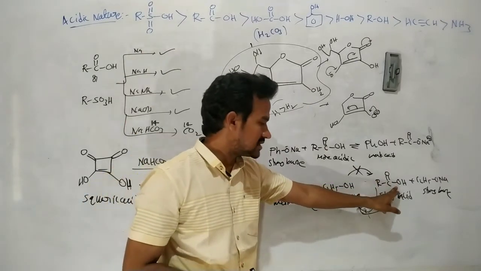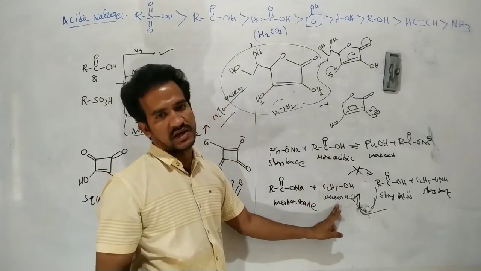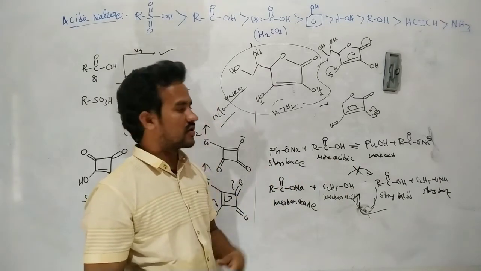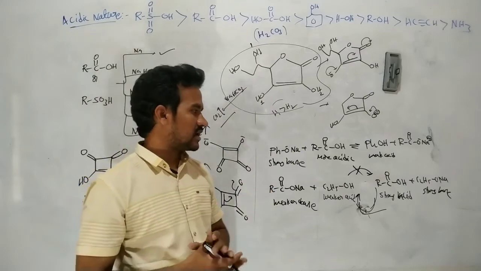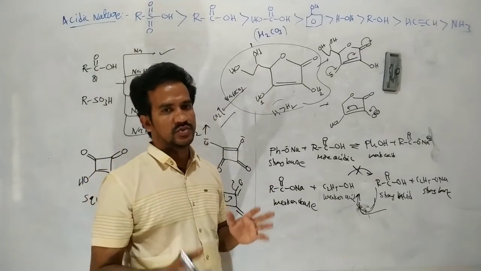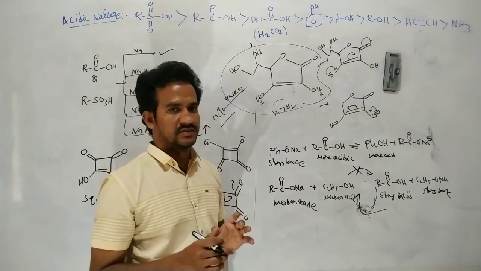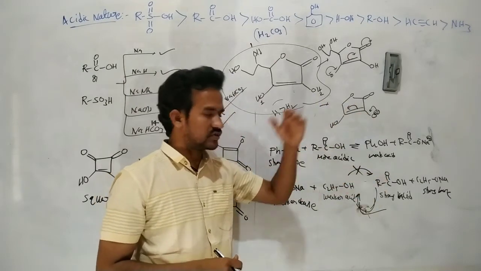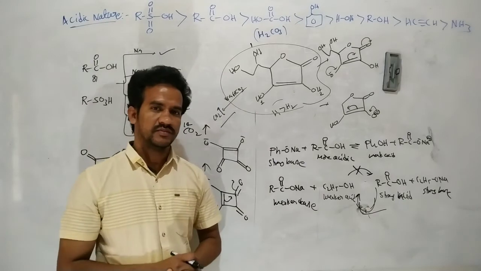Here the product side acid is a carboxylic acid, and on the reactant side the alcohol is a weaker acid. So the backward reaction takes place, and the forward reaction is not possible. Like this we can decide whether an acid-base reaction is possible or not. Since it is a stronger acid, there is no forward reaction, that's why the backward reaction takes place.